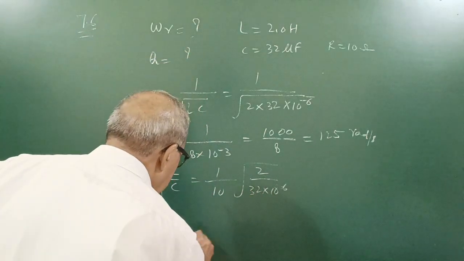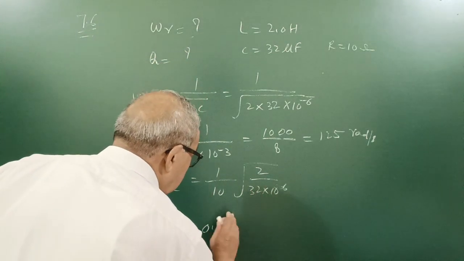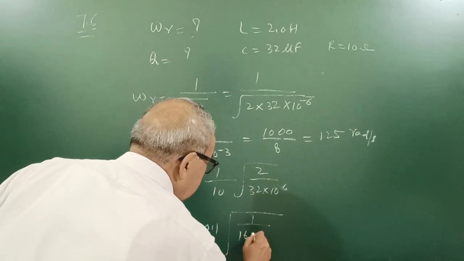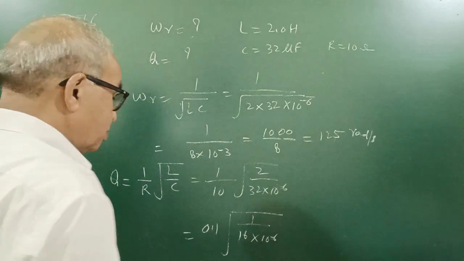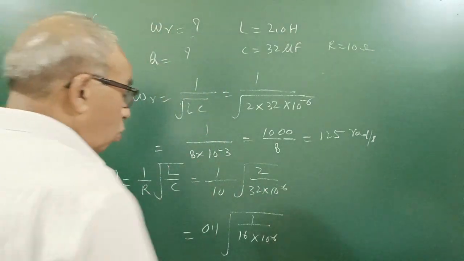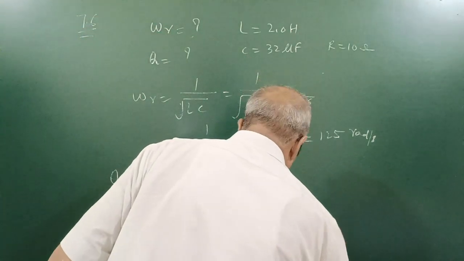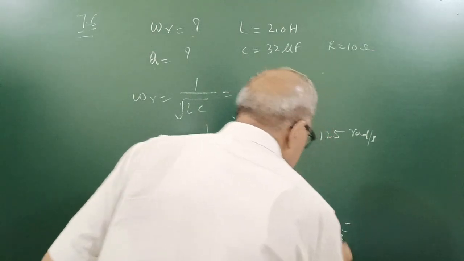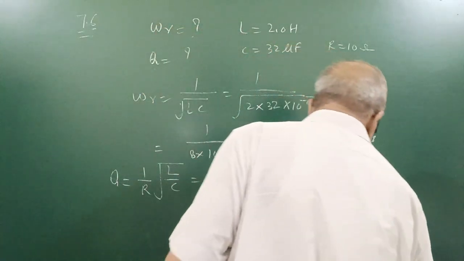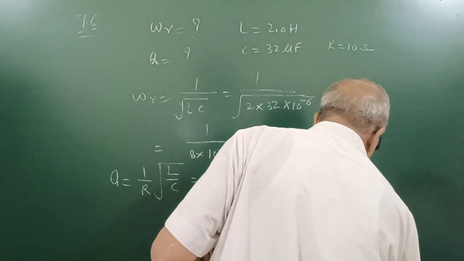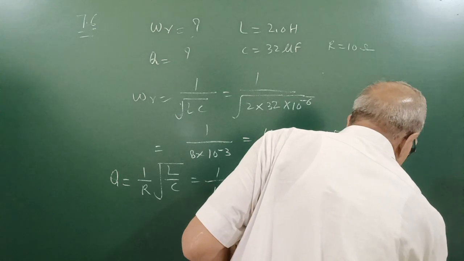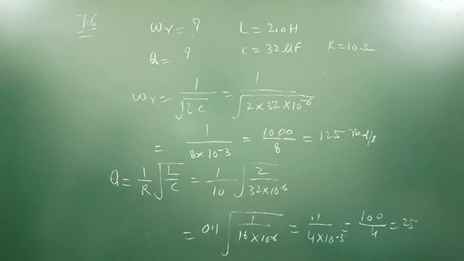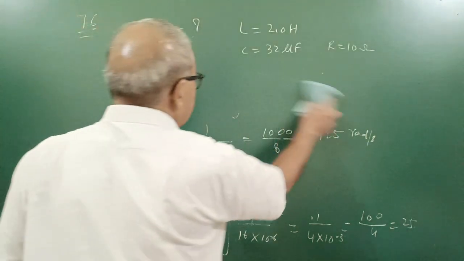It is 0.1 into under root 1 upon 16 into 10 to the power minus 6, root 16 is 4, so it is 0.1 upon 4 into 10 to the power 3. This 3 will go up, it will become 100 upon 4, 25. So please do good practice of questions. I am solving these for your practice, nothing else.